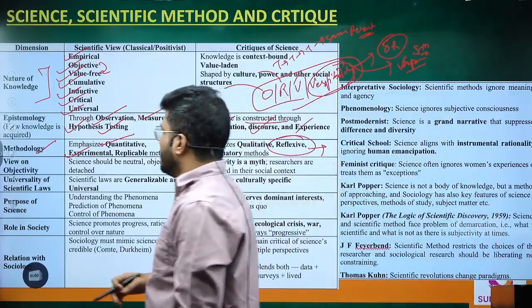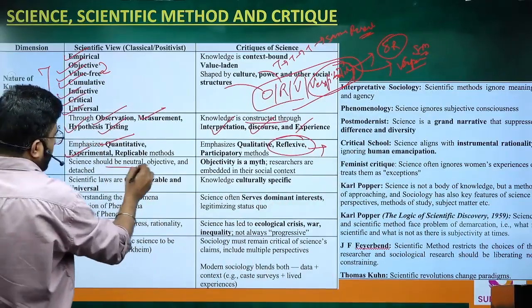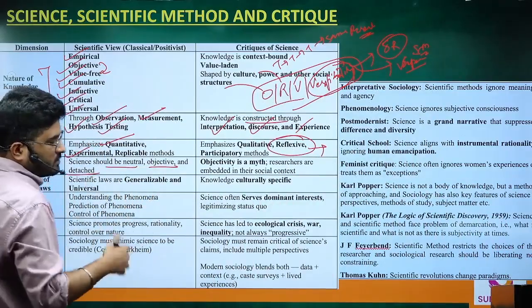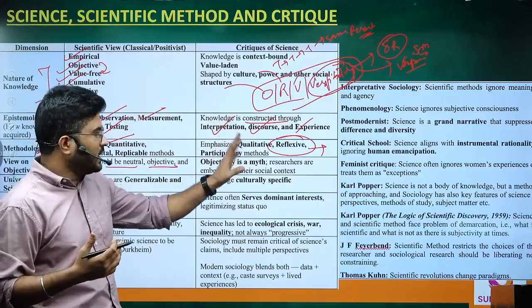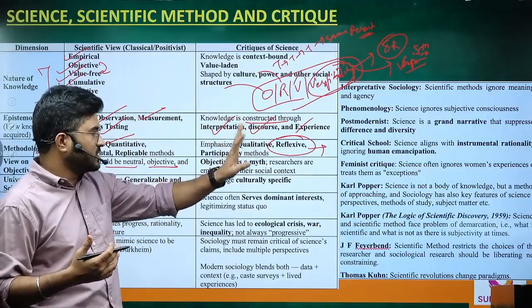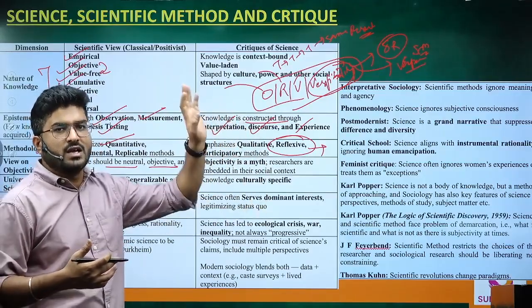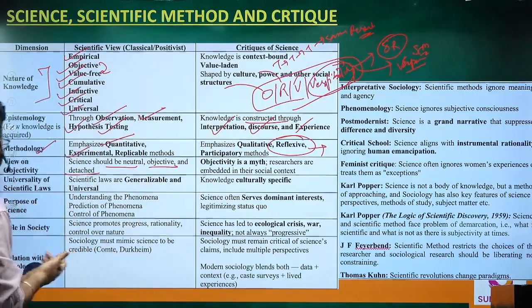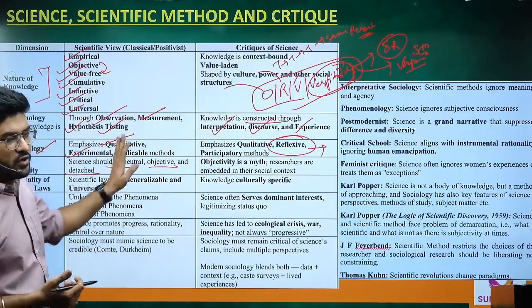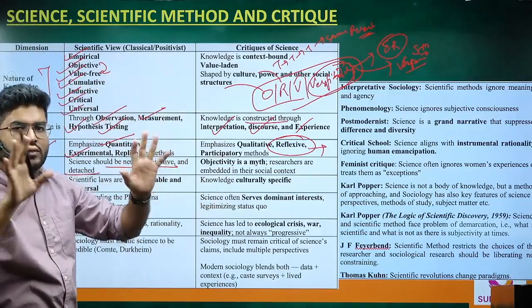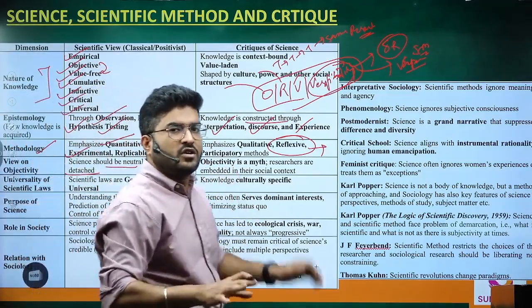Science should be neutral, objective and detached. The critique of science says that objectivity is a myth. Researchers are embedded in their social context. They are value laden. Universality of scientific laws: scientific laws are always looking for generalization. जब उन्होंने features देखा, तो उसमें एक important part था.